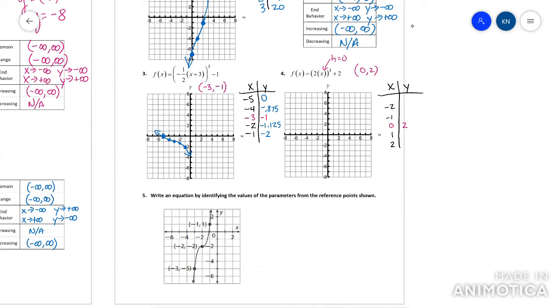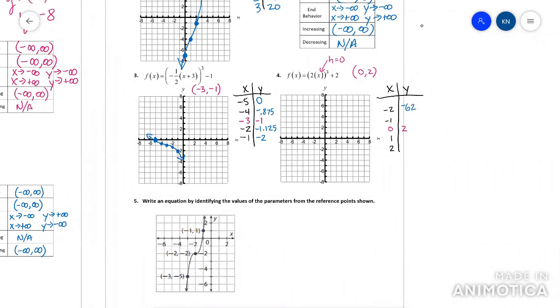You're going to be plugging in these points. So when you plug in -2, you will get -62. When you plug in -1, you'll get -6. Plug in 1, you'll get 10. And then 2, you'll get 66.